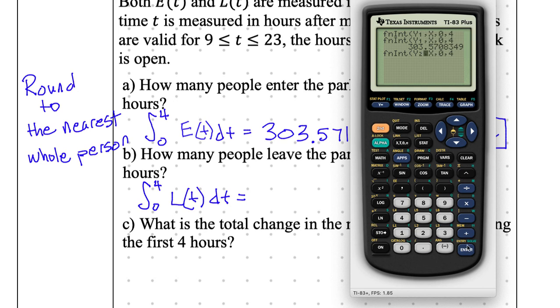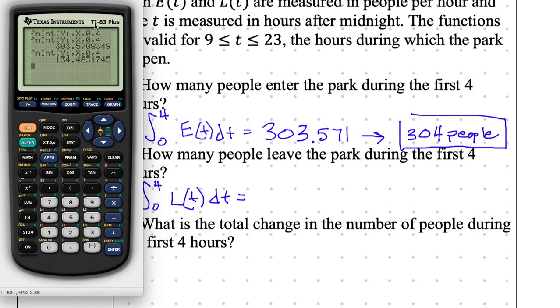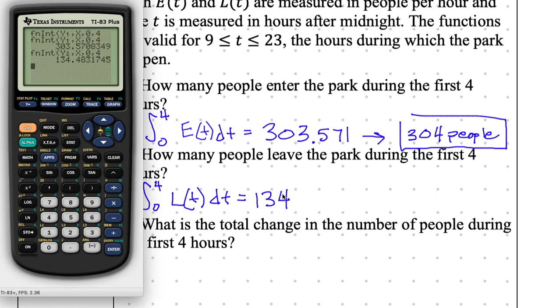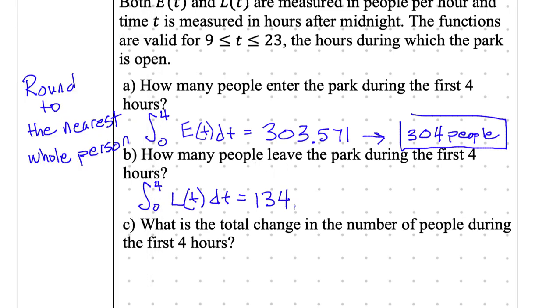I replace that, and I got 134.483. Wait, wouldn't it be 134? Yes, we'd round down in this case because it's 0.4. So that's going to turn into 134 people.